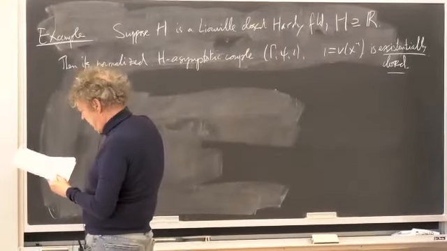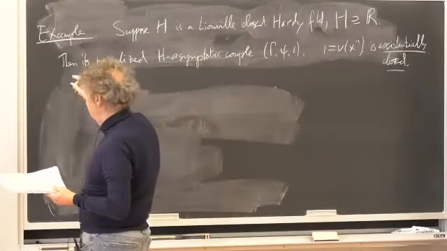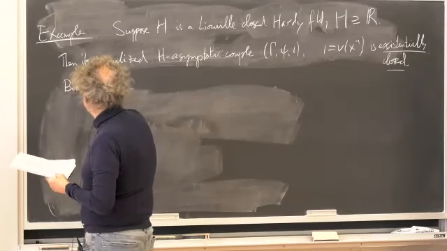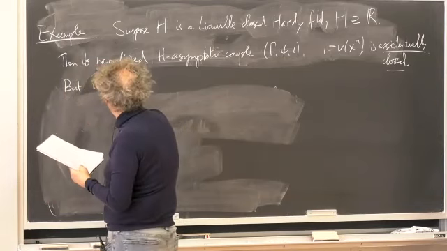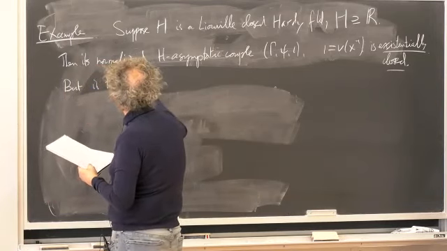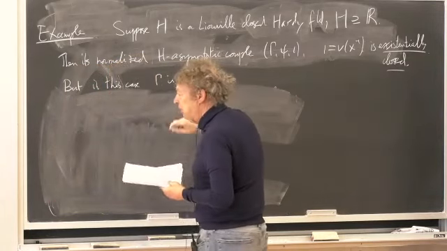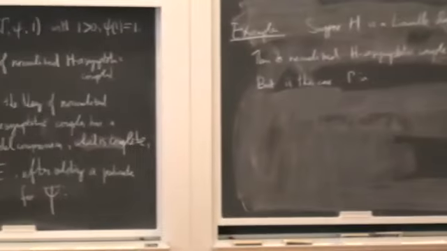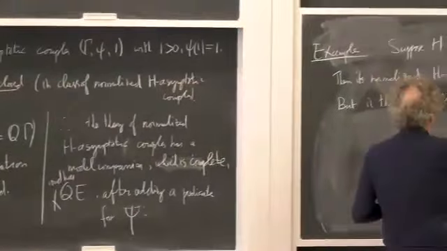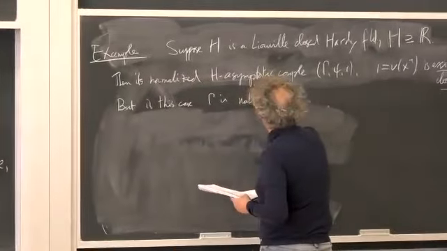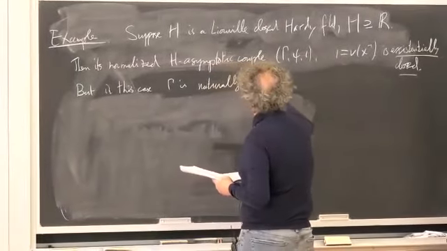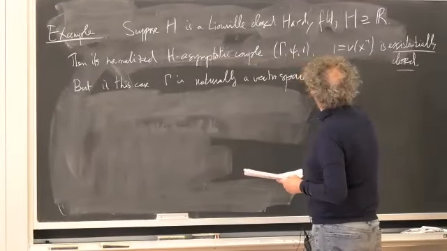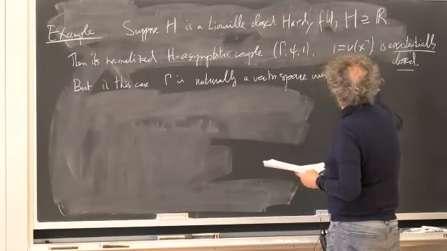But here there's more structure on the value group than what we specified there. In this case, gamma is naturally a vector space, not just over Q because it's divisible, but over R. And how is that?